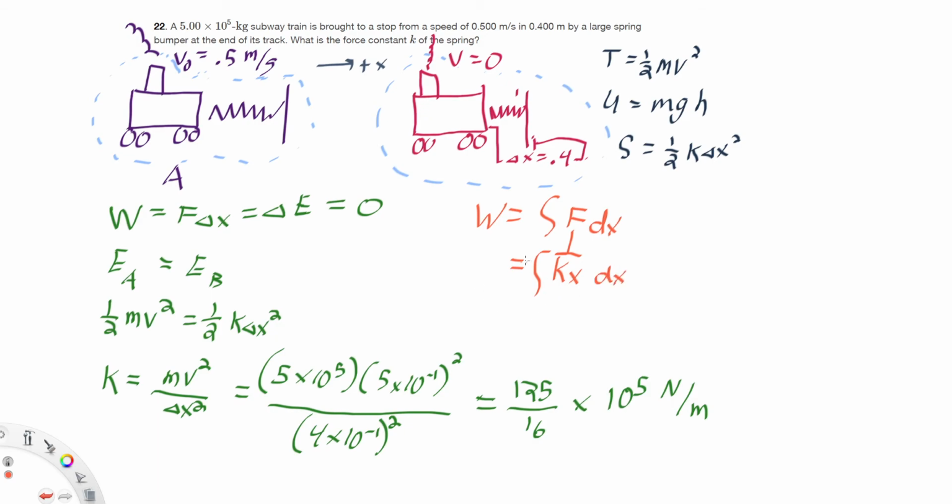And the limits of our integration here will be from 0 squish to 0.4 squish. So our work will be equal to the integral of kx dx, which is 1/2 kx squared, and we evaluate that at 0 and 0.4.